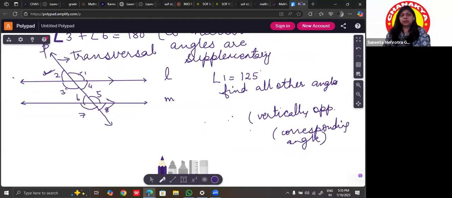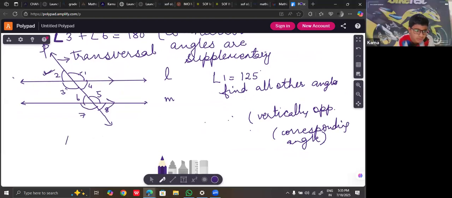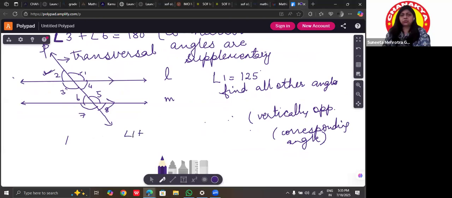So what about angle 2? How will you find angle 2? Ma'am, other than measuring, I don't know anything. Angle 1 plus angle 2, because it is a straight line, making two angles on a straight line. Angle 1 is already given, which is 125 degrees.